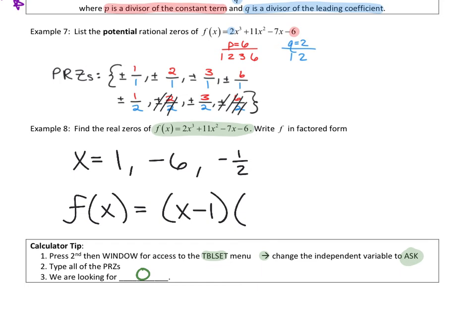A 0 being negative 6 means the factor is what? x plus 6. And a 0 being negative 1/2 technically means, and I want y'all to watch, I don't know how well versed in this you are, technically you could write this, but we don't write fractions as part of our factors. So if you've done swing and divide, what did we do with those denominators?